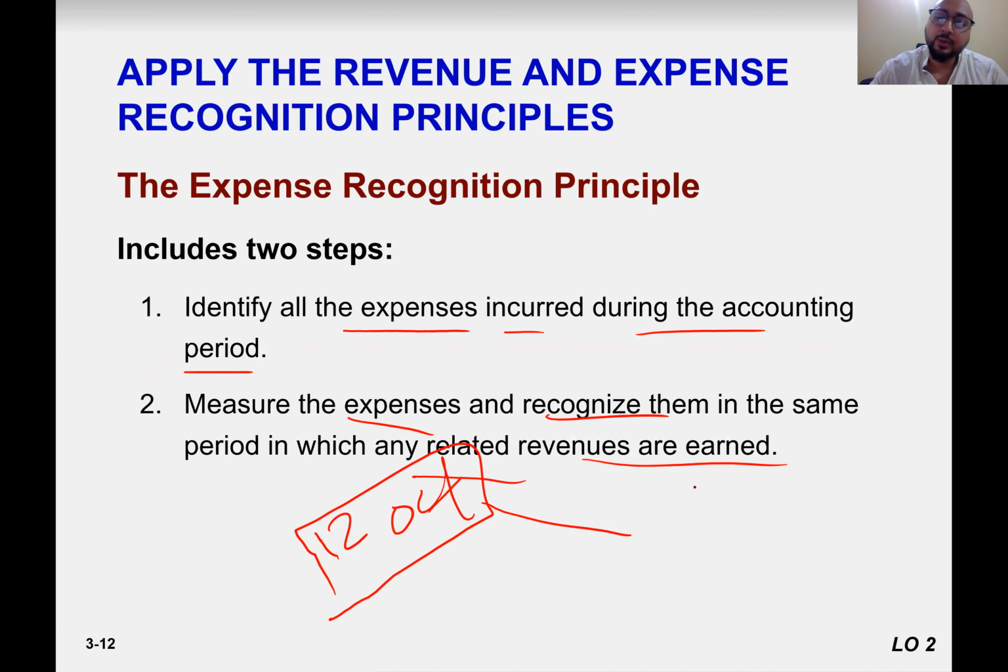But you purchased those cups on 8th of October.